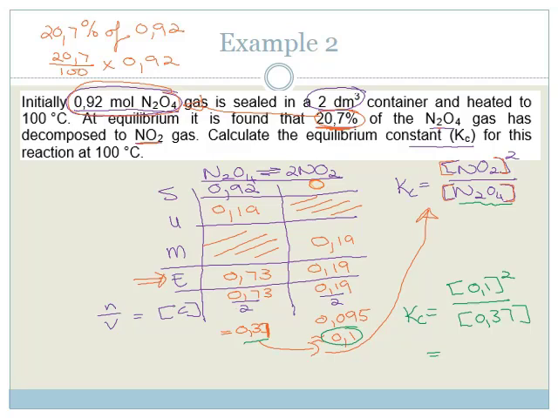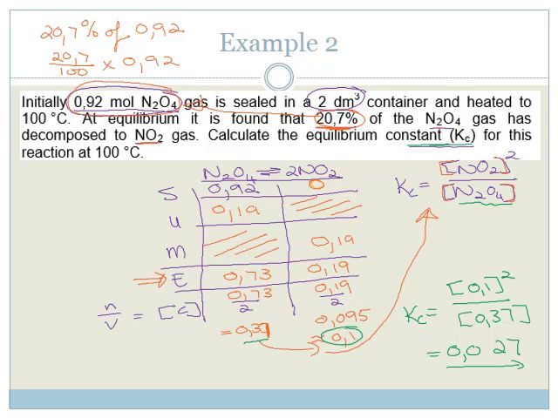So we go 0.1 squared divided by 0.37, and that becomes 0.027. So the equilibrium constant Kc for this reaction is 0.027.